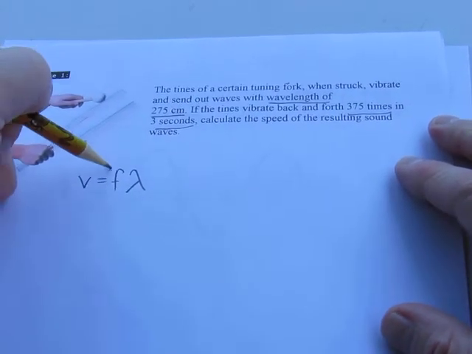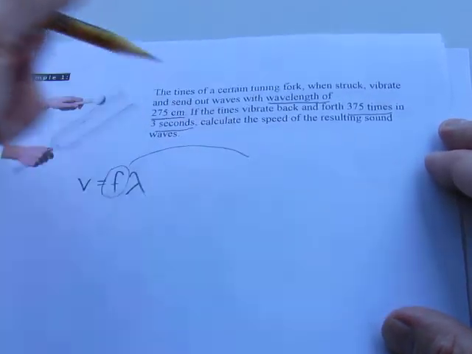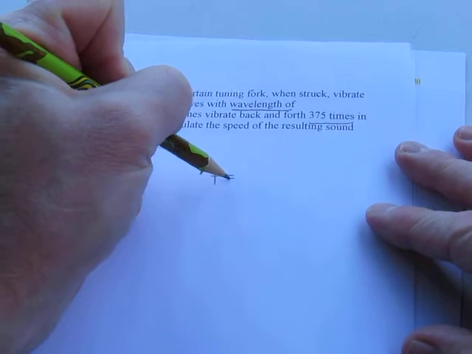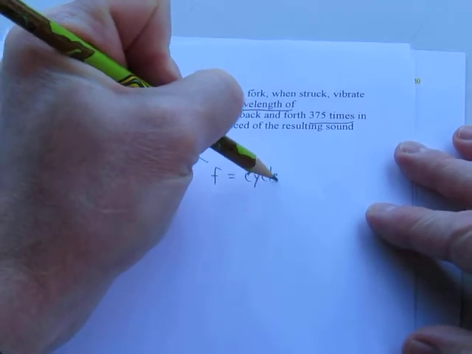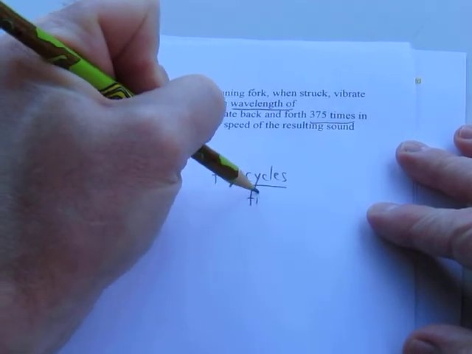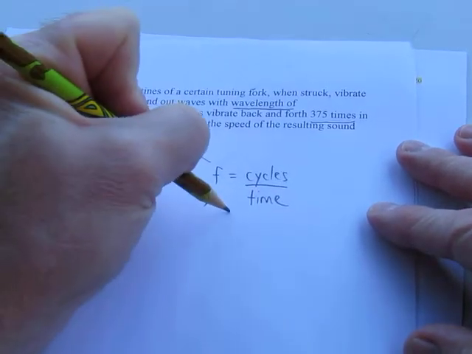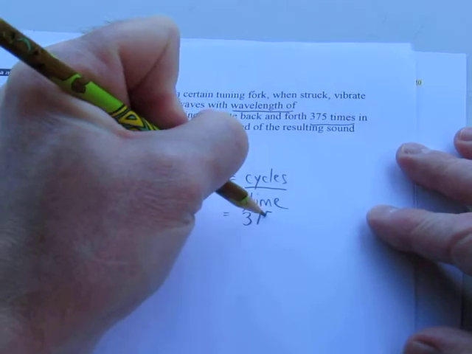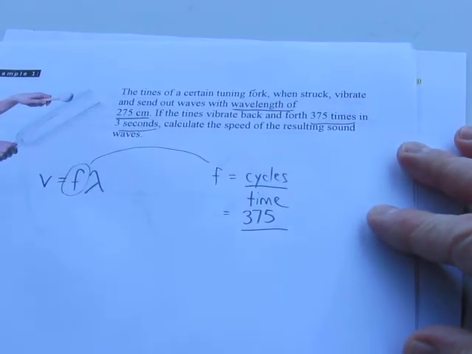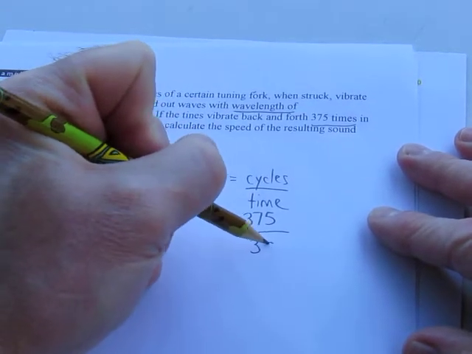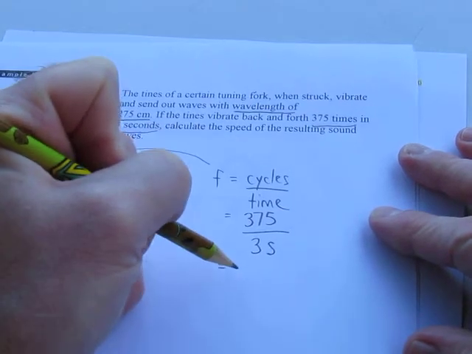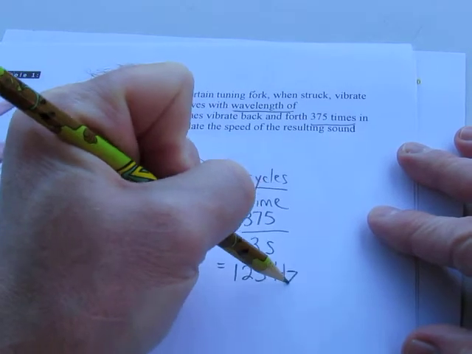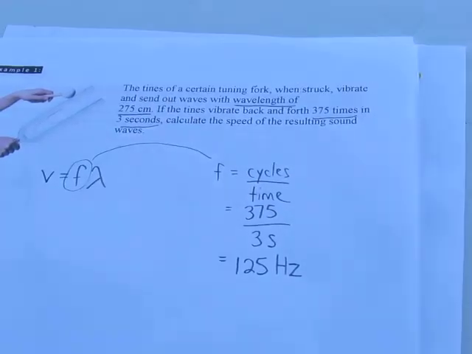But in this question, you're not given frequency yet, so you would have to start with work from last day, where frequency equals the number of cycles divided by time. And in this question, it clearly tells you there are 375 vibrations that are noted in 3 seconds. So divide that on a calculator, you'll get 125, and you can call that hertz because that's standard metric units for frequency.